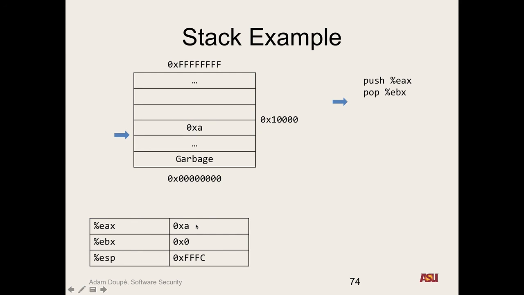Now if we do pop EBX, we take whatever ESP points to, which is hex A, copy that into EBX, and then increment the stack pointer by 4, so it points back here. So essentially we've copied the value in EAX to EBX by using the stack.